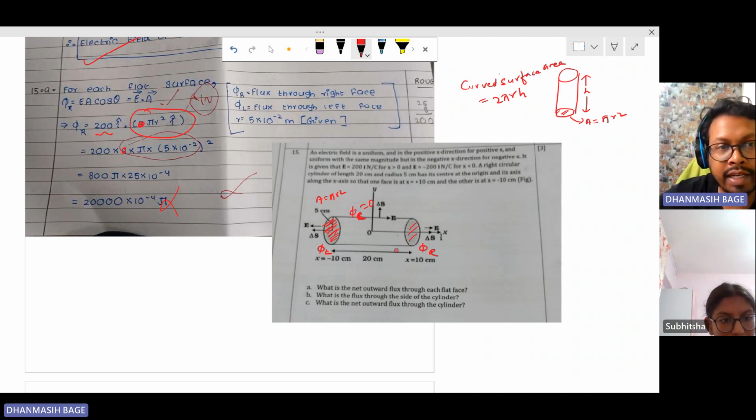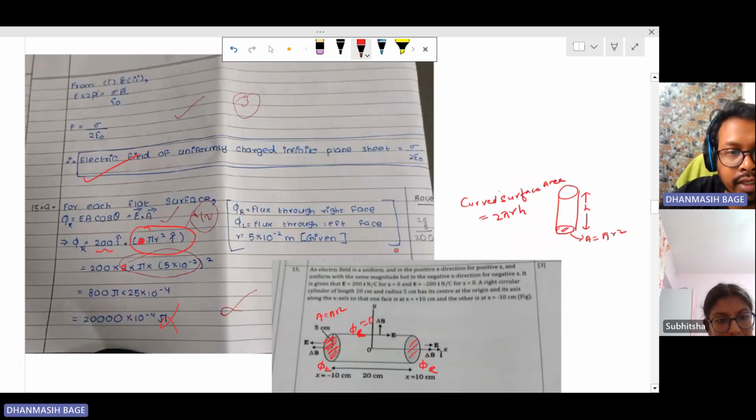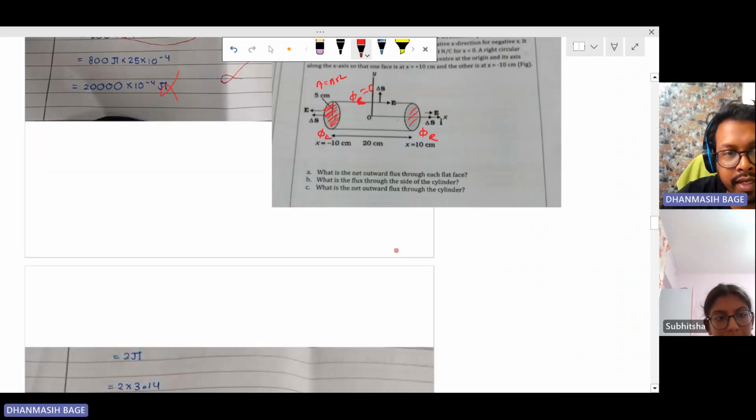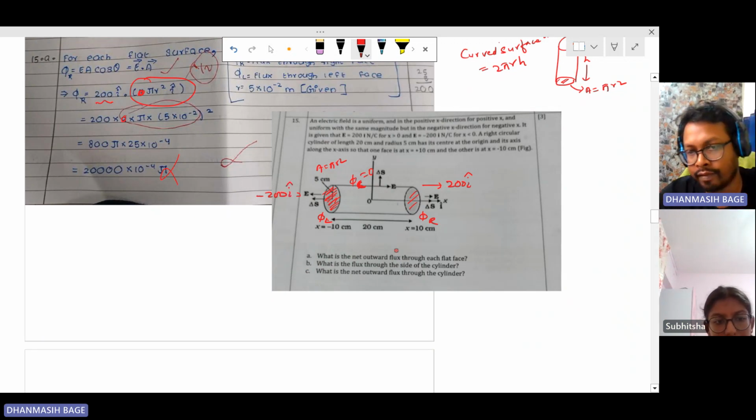Just see this thing. Electric field is already given to you here. This is not 2 I cap. Left will be minus 2 I cap, right? This is the opposite direction. If this electric field is 200 I cap, this electric field will be minus 200 I cap. This is opposite to that electric field.